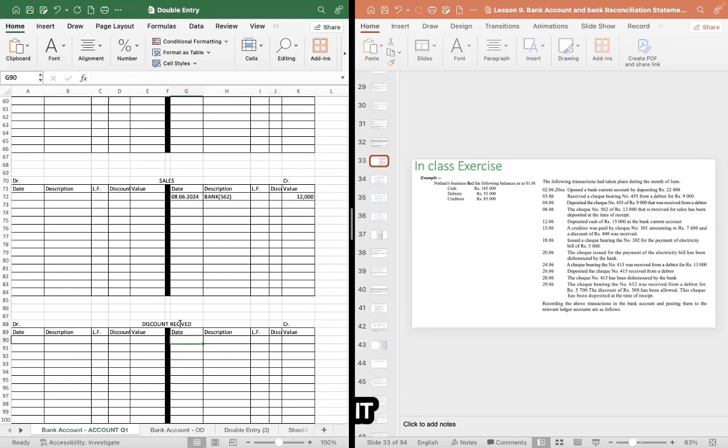Discounts received, is it an income or is it an expense? Income. Income, exactly. මොකද discounts received කියන්නේ මට හම්බෙන නිකන් ආදායමක් වගේ. මං ගෙවන්න ඕන එක අඩු වෙනවා. Right? Then for here we are getting it as creditors and recording this 400.